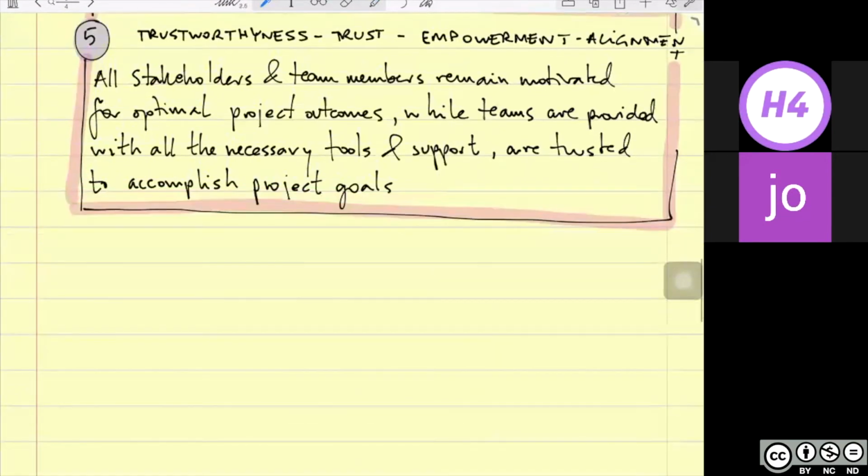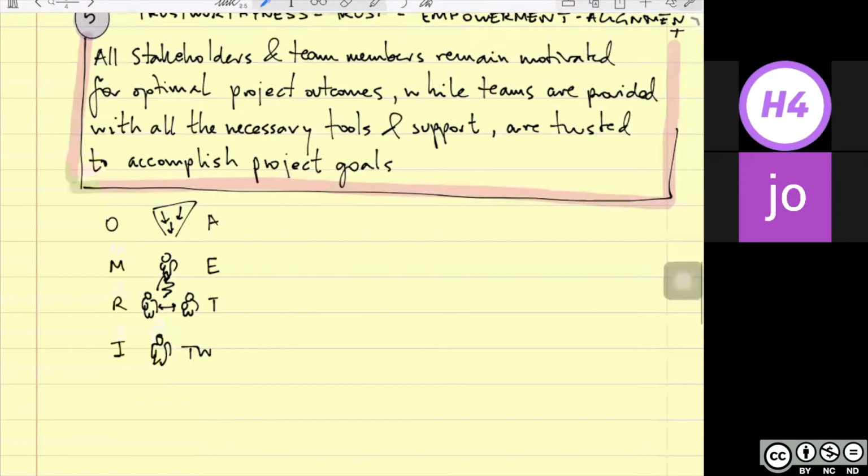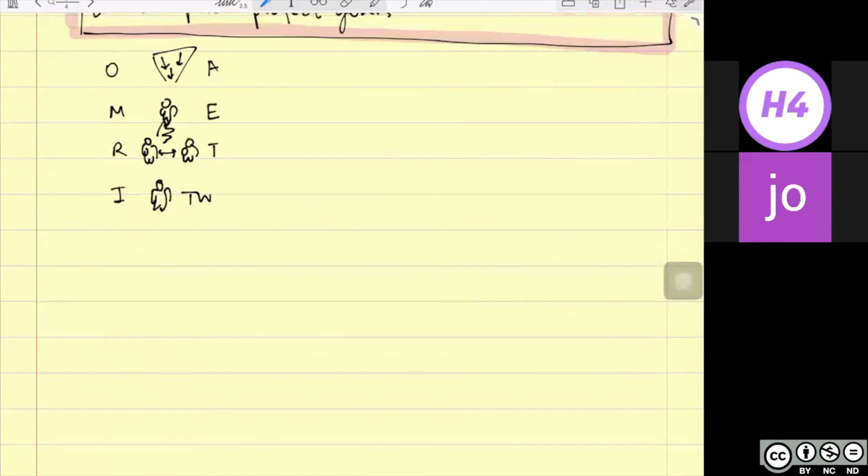You remember we saw the individual level with trustworthiness, the relational level with trust, the managerial level with empowerment, and the organizational level with alignment. You'll probably remember if you look into the first or second lecture.